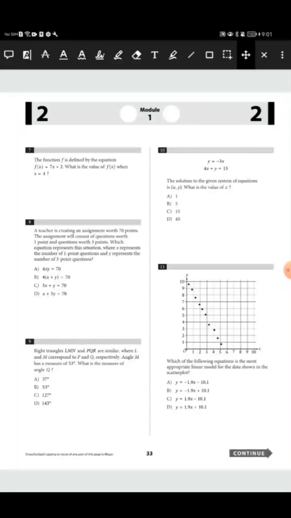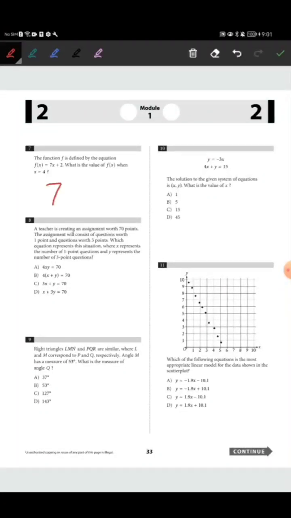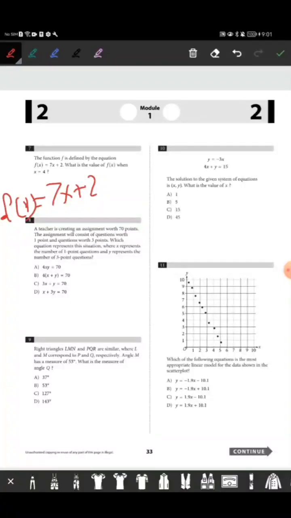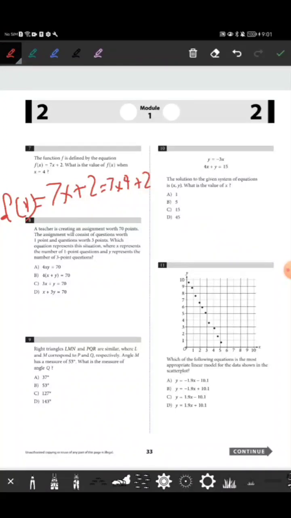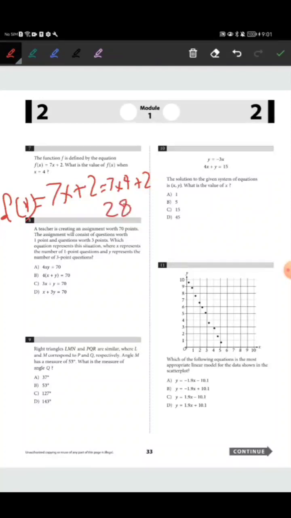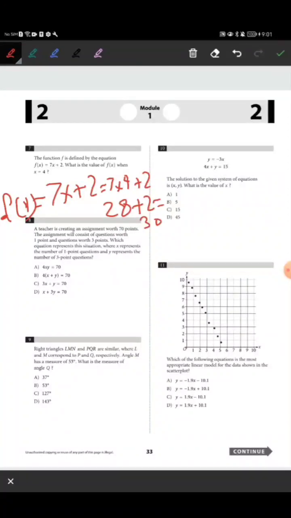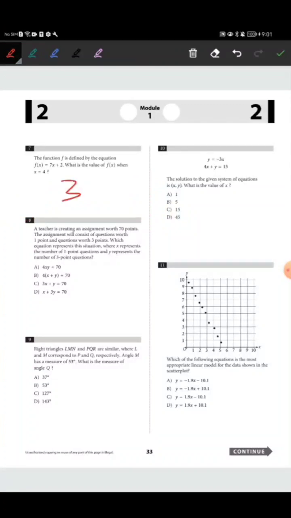So f of 4 is going to be equal to 7 multiplied by 4 plus 2. 7 times 4 equals 28. 28 plus 2 equals 30. So the answer to this question is 30.